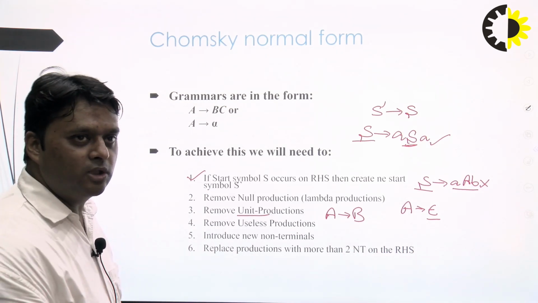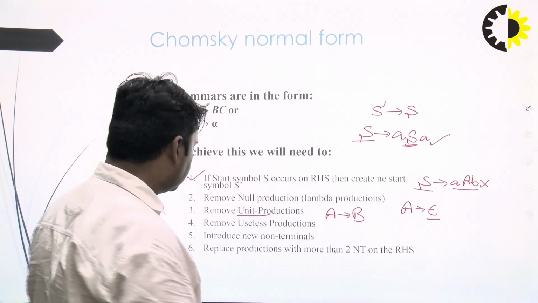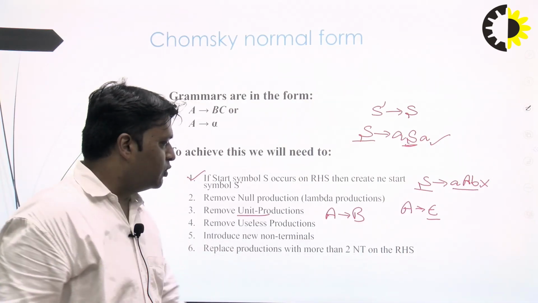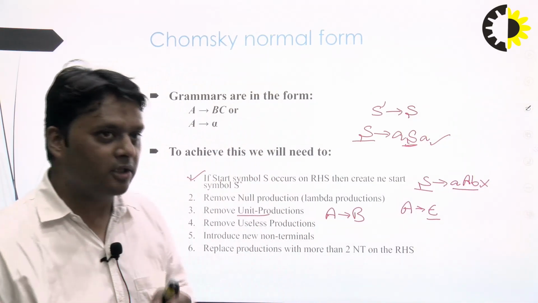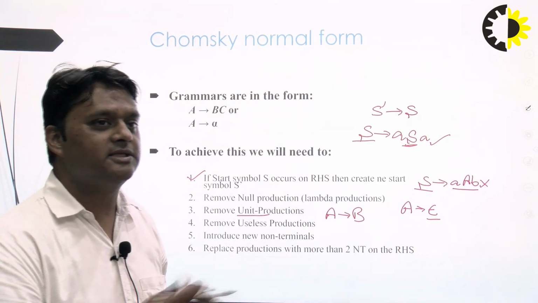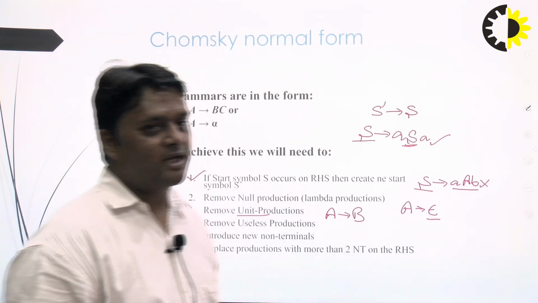Then remove useless production. If there is any production that is not used in the grammar to generate any string, then it is a useless production or useless symbol, and we have to remove that.